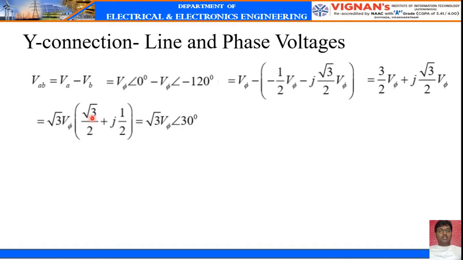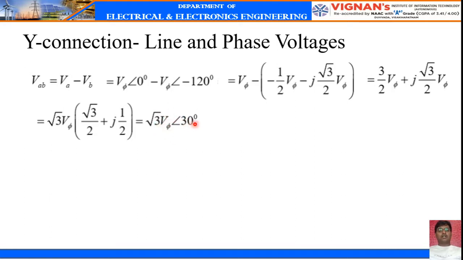Root 3 by 2 is nothing but cos 30 degrees, and j sin 30 is nothing but 1 by 2. So you can write it again in polar form as the line voltage VAB is equal to root 3 V phi at an angle 30 degrees. That means the line voltage VAB will have a magnitude root 3 times the phase voltage, and it will be leading the phase voltage.